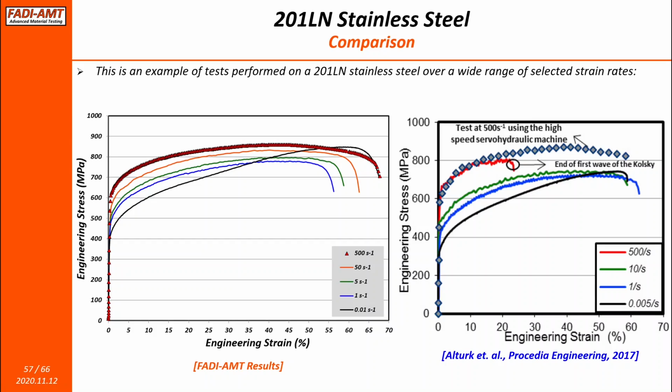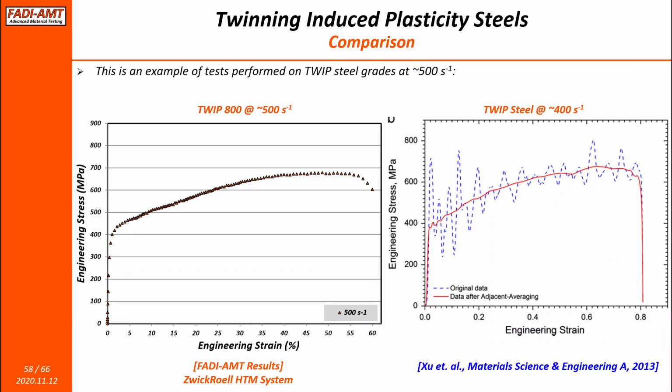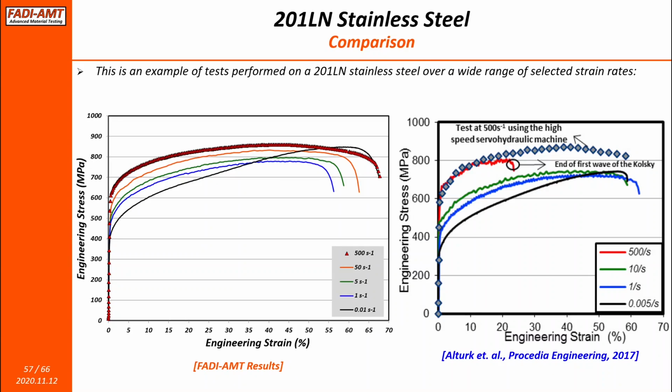Obviously, I'm trying to highlight here that with Kolsky bar, we were able to get to about 20% strain. Again, that's the limitation of a Kolsky bar, with the wave ending before the sample is completely deformed. While on the left-hand side, you can see we got to over 65% deformation in one shot.